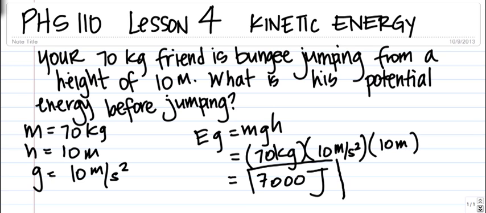So, well, that's nice, but let's take it a step further. Let's see, how fast is your friend going just before the bungee cord pulls him back up? If we want to know that information, we could apply our law of conservation of energy here.